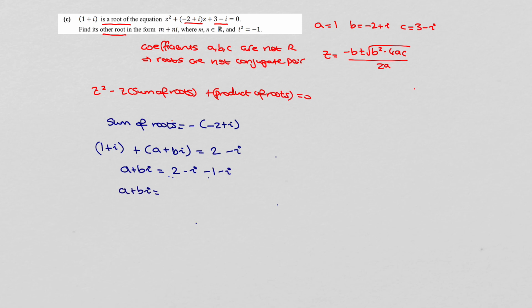Therefore, that gives me the second root must be 1 minus 2i. So that's a nice, simple way of doing it. But of course, we can use the minus b formula either. So both approaches, full marks. That's our second root. So there was 10 marks going for that, and that was 0, 3, 7 or 10 for the breakdown.